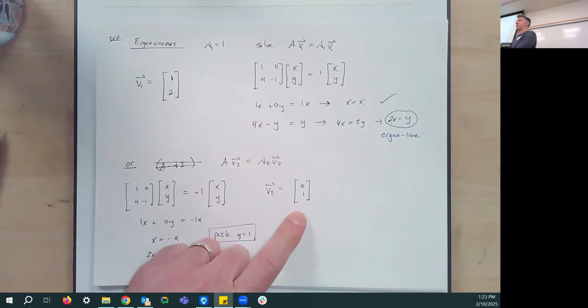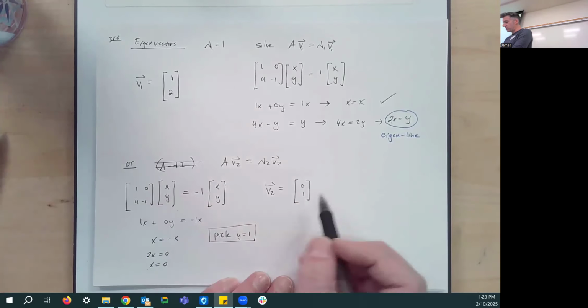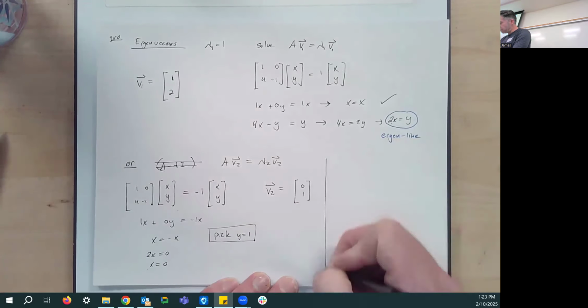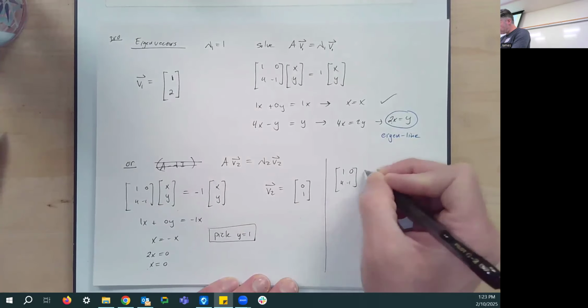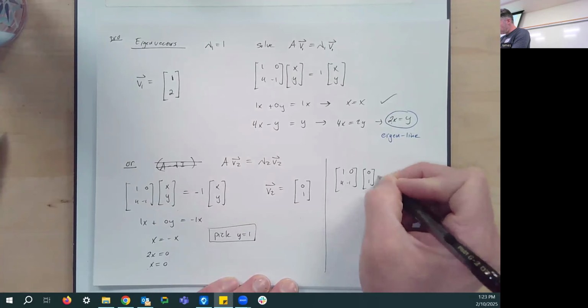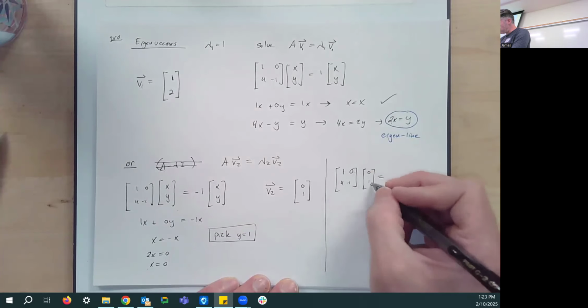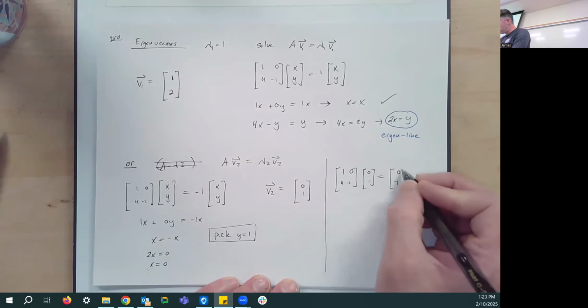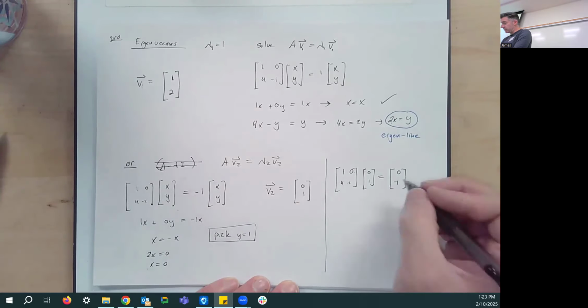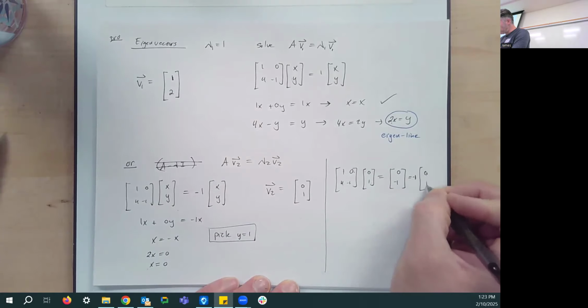Let me show you, just so we all agree. So let's actually take this first one. I'll point out that the matrix [1, 0; 4, -1] times (0, 1) is going to be 1 times 0 plus 0 times 1, which is 0. And 4 times 0 plus -1 times 1 is -1. Which is exactly -1 times the vector we started with.